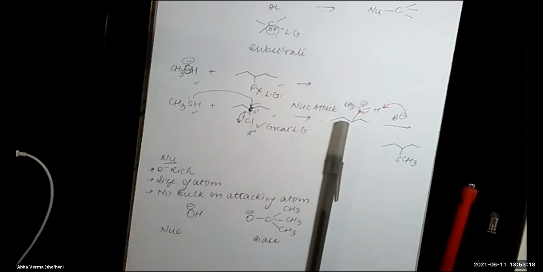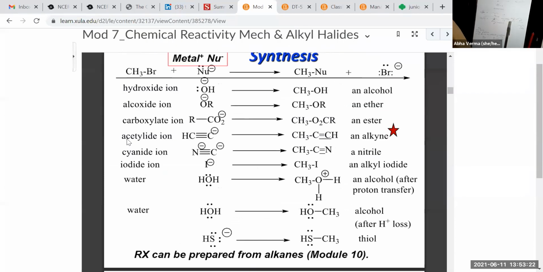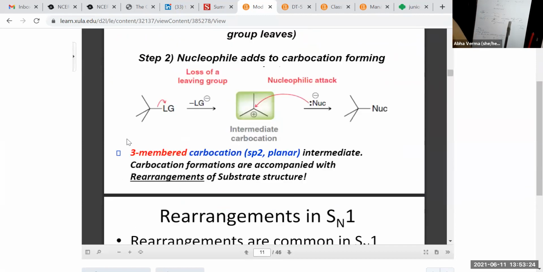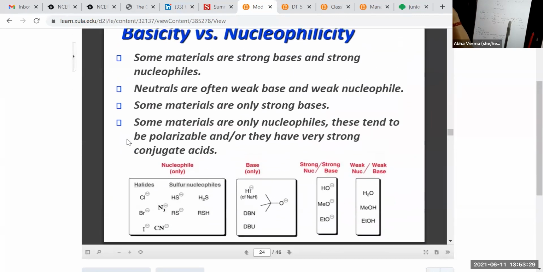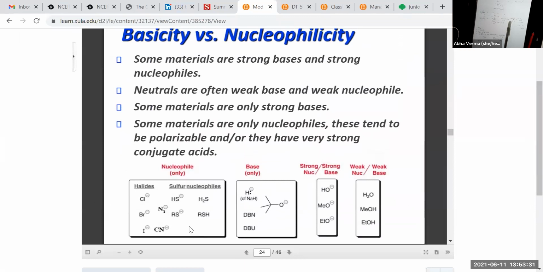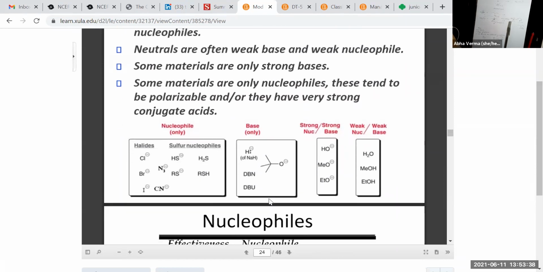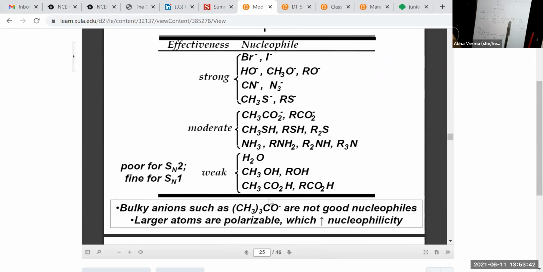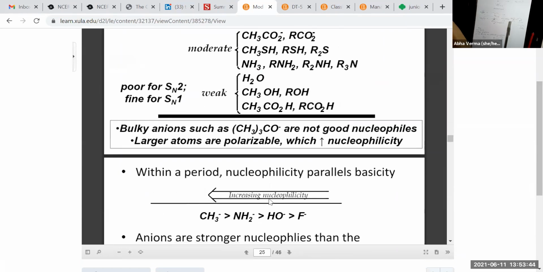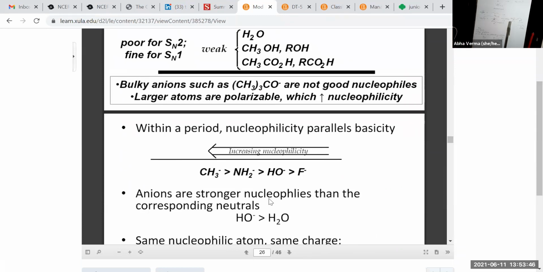Okay, and I think on one of these slides, right here, we see the difference even more. And I think we discussed the nucleophiles and the bases yesterday also. Just to remind you what are nucleophiles and how they are different from our bases is also an important part of this chapter.